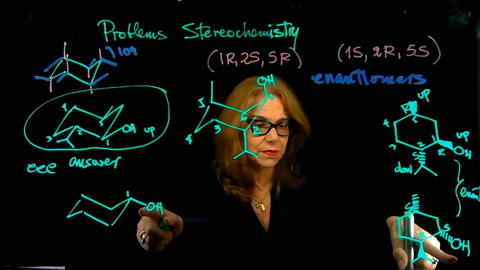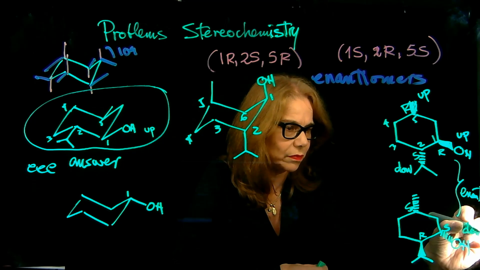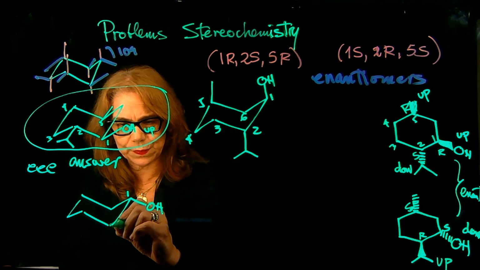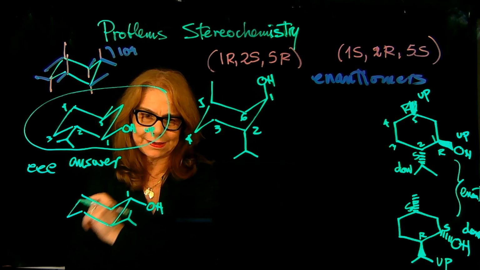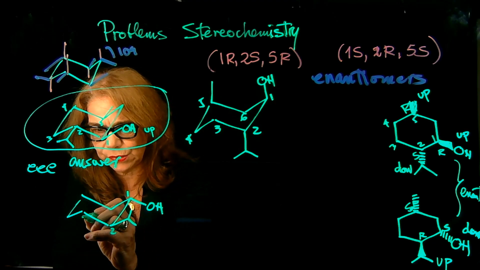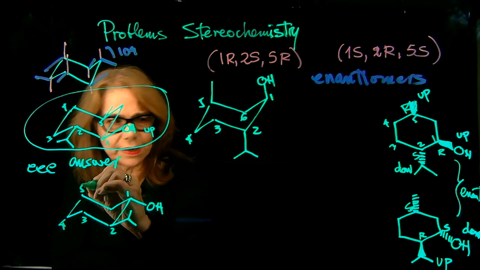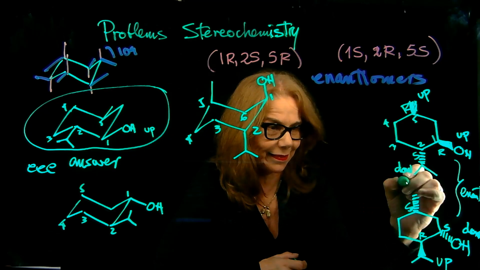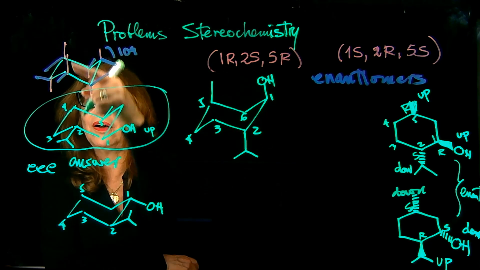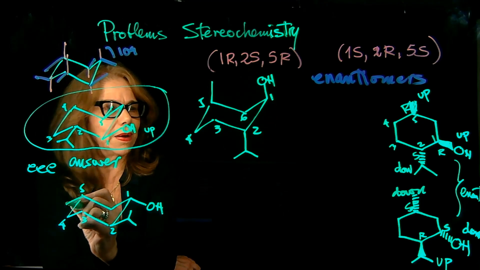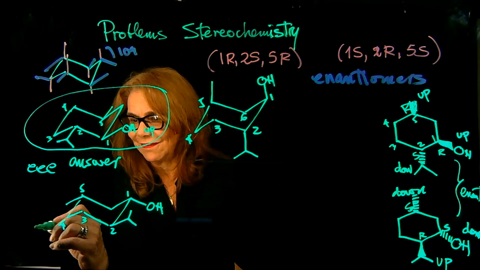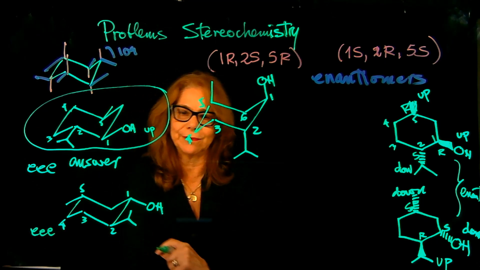This is down, so let's do this. Down, up. So the isopropyl is up. So it's going to be like that. And then if this is 1, 2, 3, 4, and 5, this is pointing down. Yep. So down at that position is here, which is equatorial. So that's also your answer. Everything is equatorial.